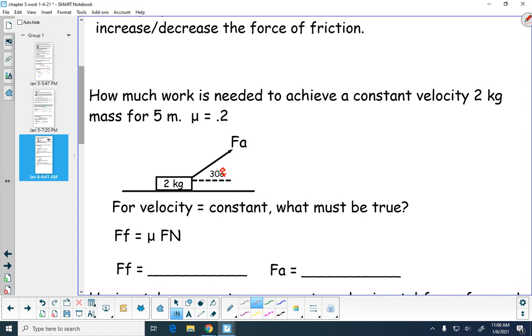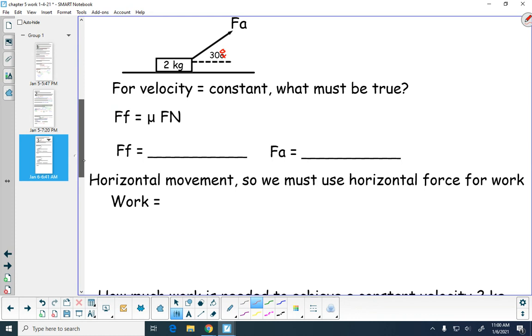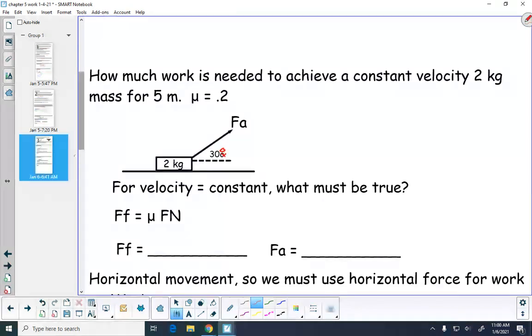How much work is needed to achieve a constant velocity of the 2 kilogram mass? Well, we are pulling horizontally and we're pulling vertically. We don't know what this force applied is. And that gave us a really difficult problem to work on here.